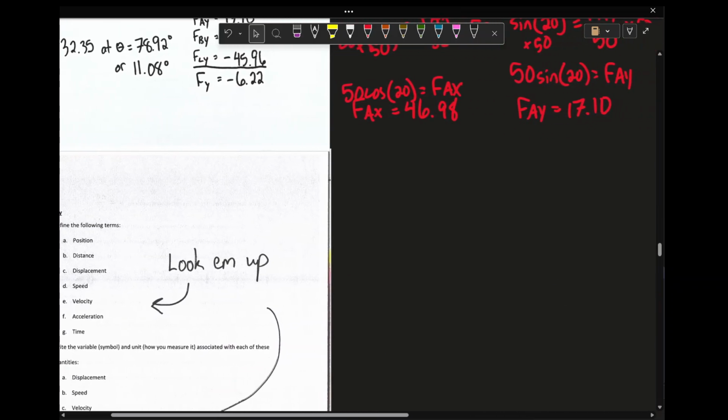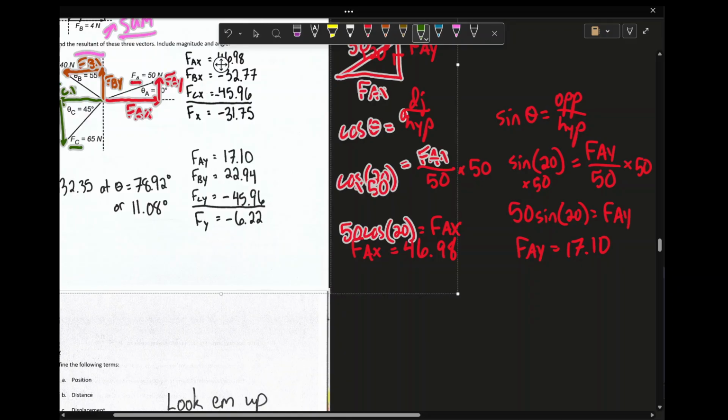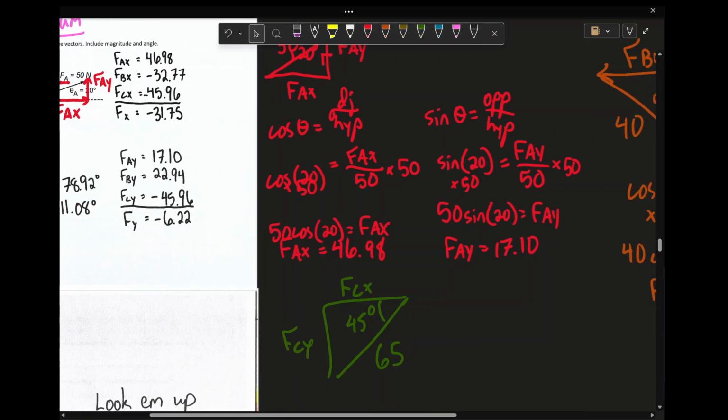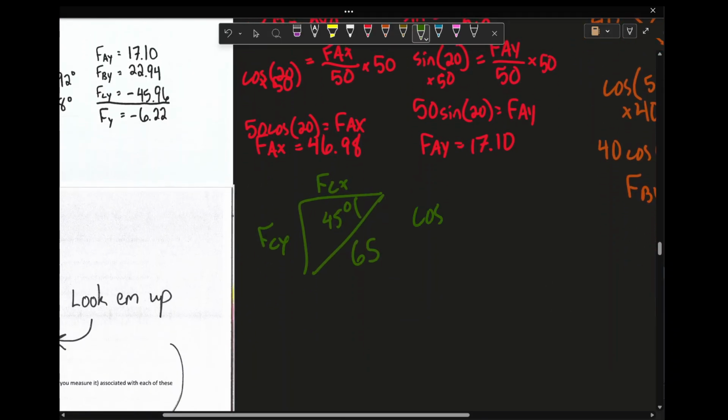Last is C. So C, we would have like this. This is 45 degrees. This is 65, FCX and FCY. This is a 45, 45, 90 triangle.